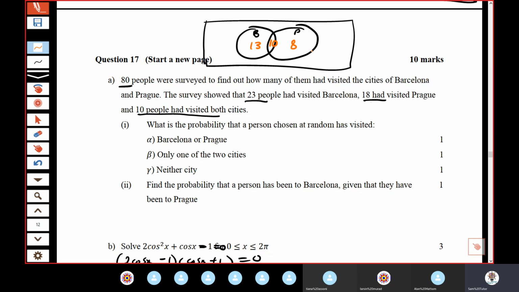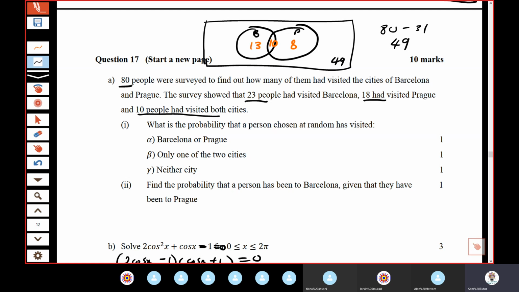So you always start with your middle and then you subtract. And then of course, whatever's left, so what's this? This is 23, 31. And then 80 take away 31. What's that? 49. 49 people have not visited Barca or Prague.